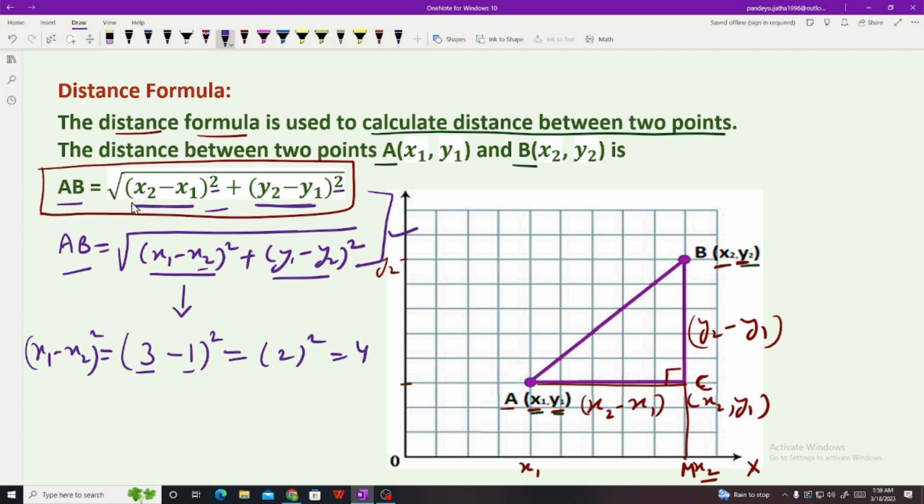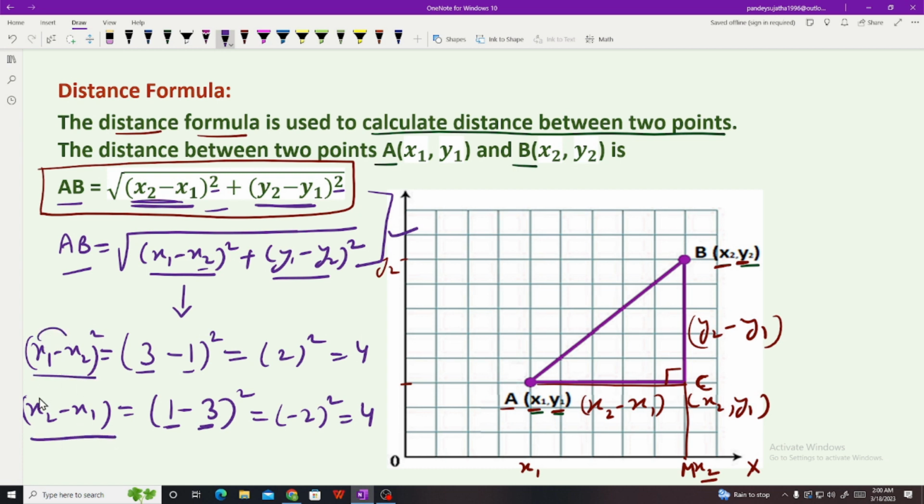And if I change the order to x2 minus x1, then it becomes 1 minus 3 whole square, because x2 is 1 and x1 is 3. So 1 minus 3 whole square, that is minus 2 square, which is also 4. That is the reason I said that the order doesn't matter. You can change the order as per your convenience.